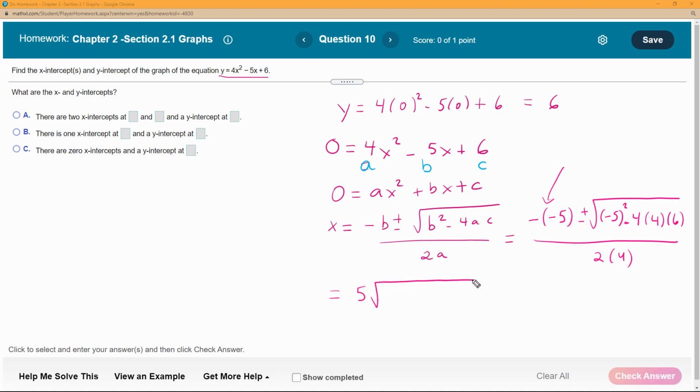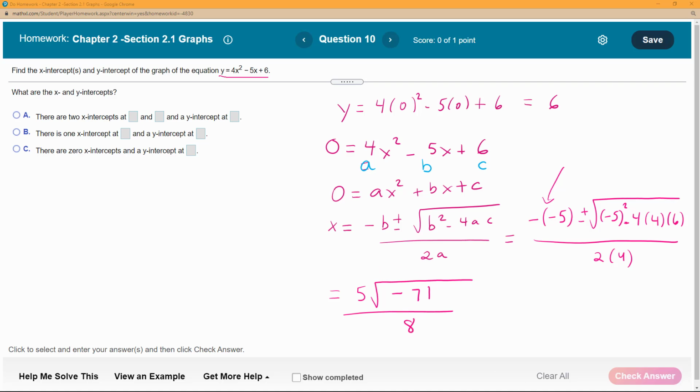And this is where you pick up a calculator. I know that negative 5 squared is positive 25. So I'm going to have 25 minus 4 times 4 times 6, and I get negative 71 over 8.